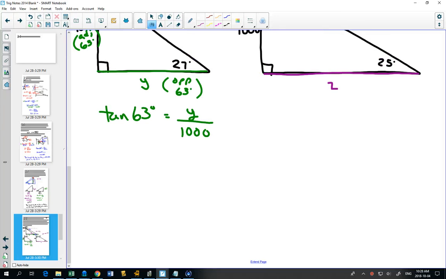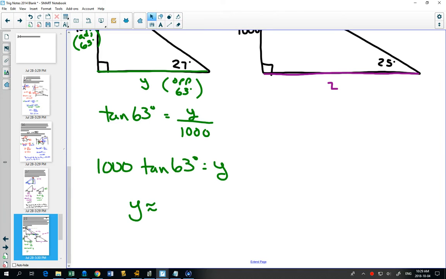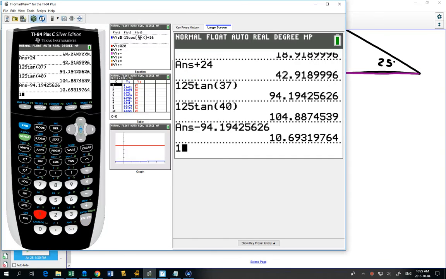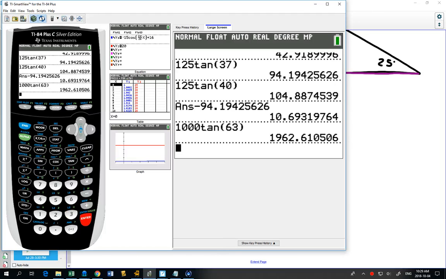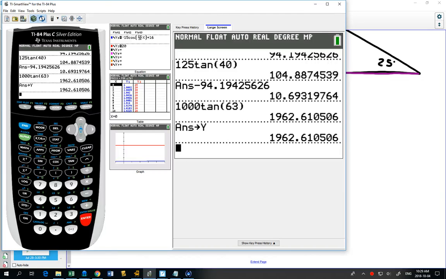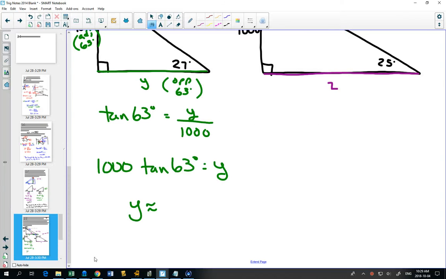I can get y by itself, multiply both sides by 1,000. That's 1962.6. This time I'm going to store it, store alpha y, so that I remember that 1962.6 is y.